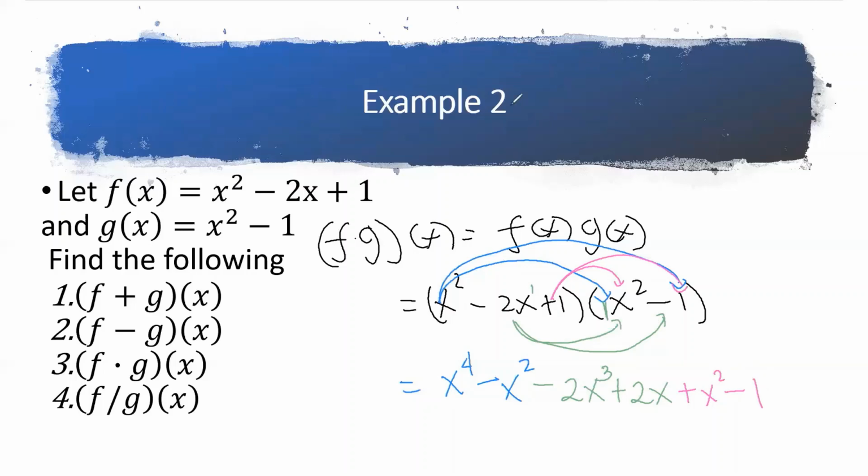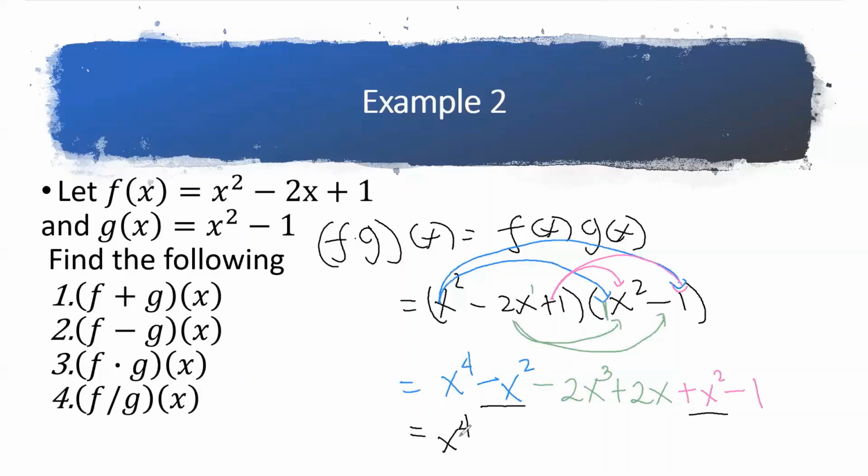Now combine like terms. So simplify. When you say like terms, these are terms with the same variables and exponents. So like terms here are negative x squared and positive x squared. They have the same variable, which is x, and the same exponent, which is 2. The rest are unlike terms. If they are unlike terms, we're just going to copy them.